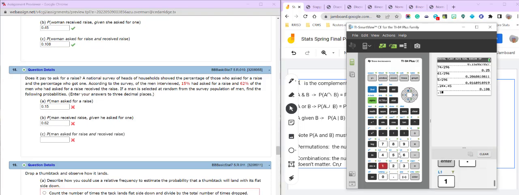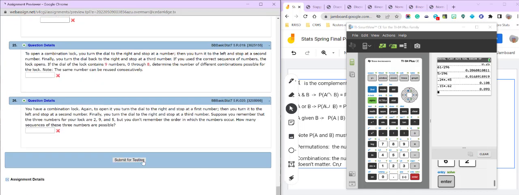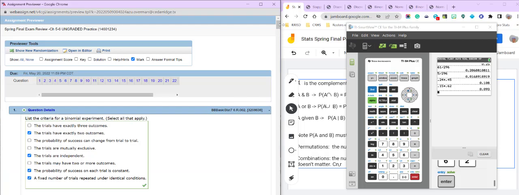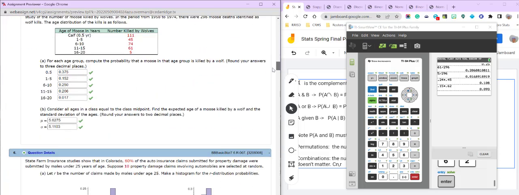We do 0.15 times 0.62, and we get 0.093. So the men weren't as good about asking for a raise, but they were better about getting it when they did ask for it. It's random numbers, so we don't know. These are just made-up problems. You don't have to get agitated.